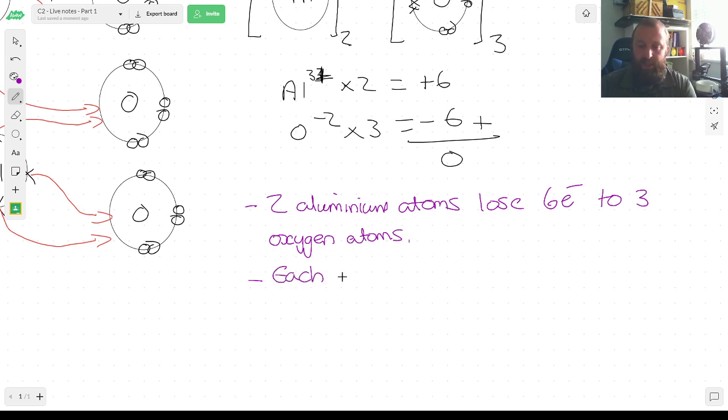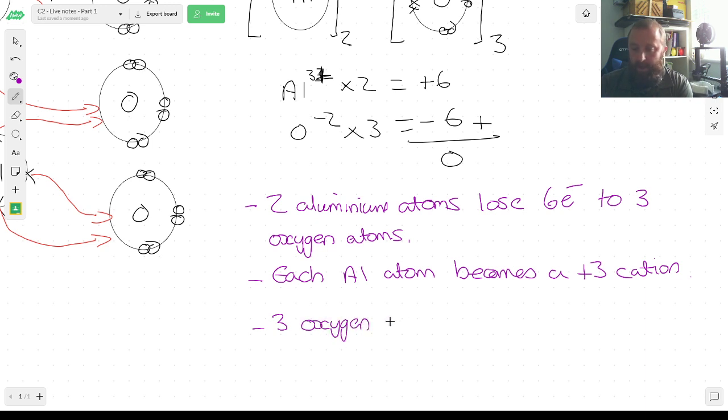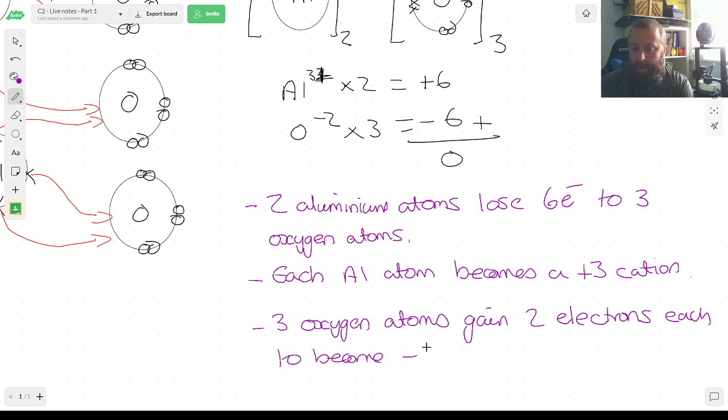I'm going to say that each aluminium atom becomes a +3 cation. I'm then going to turn around and say 3 oxygen atoms gain 2 electrons each to become -2 ions.